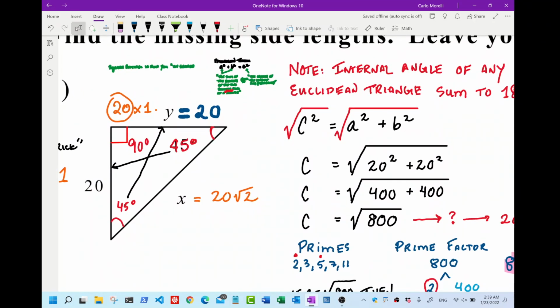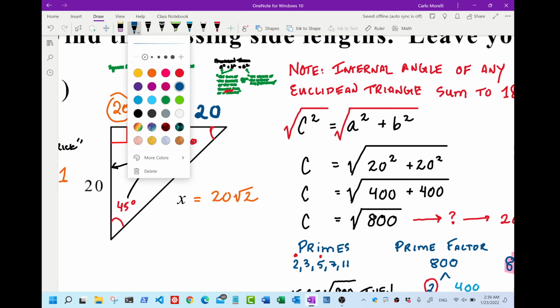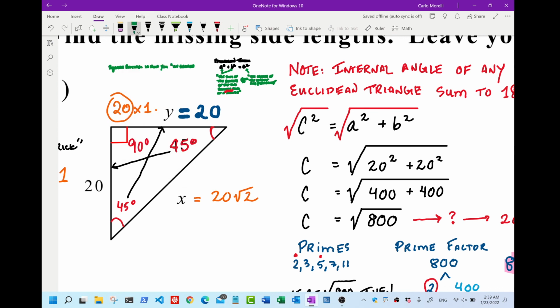So, final answers, you have x equals 20 square root 2.